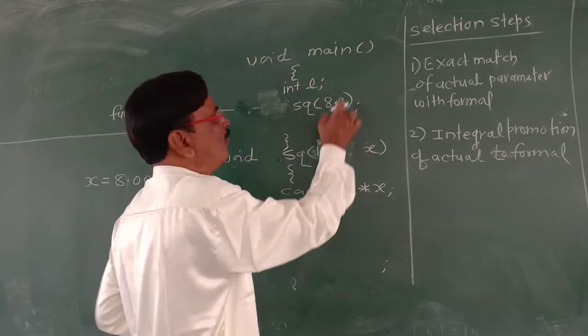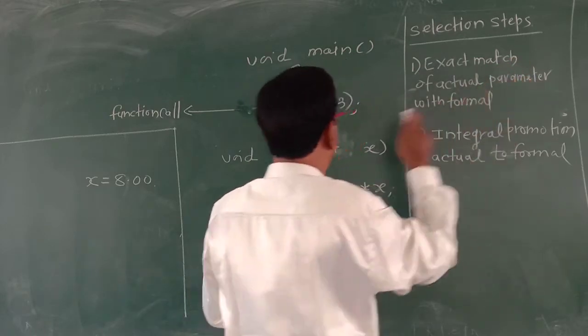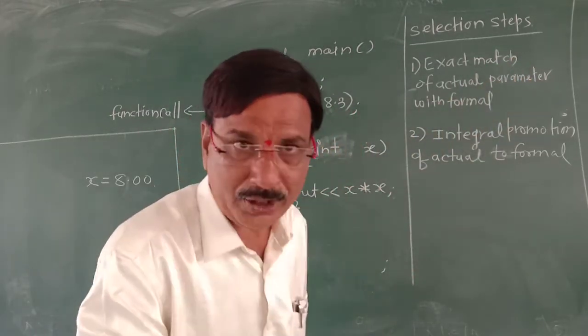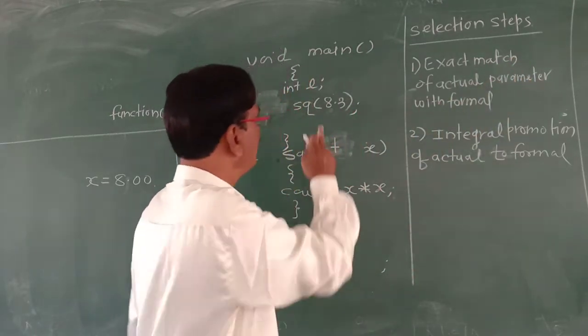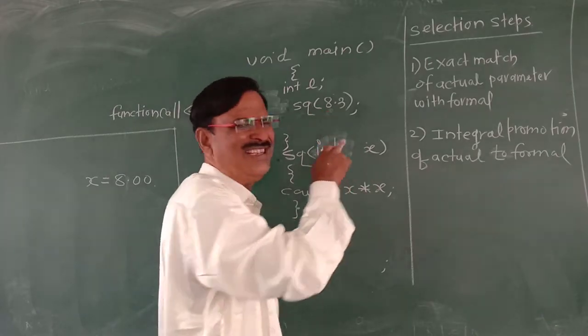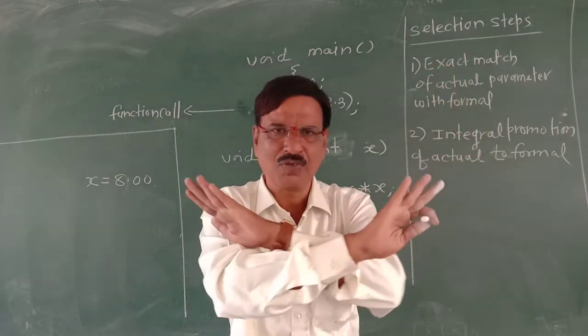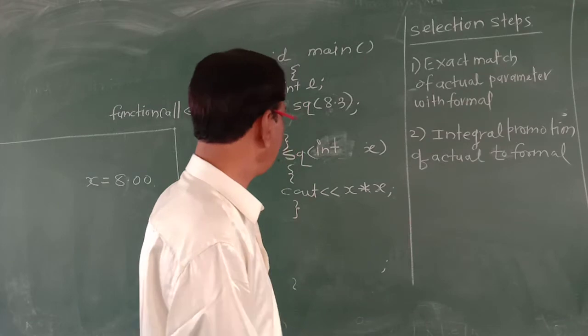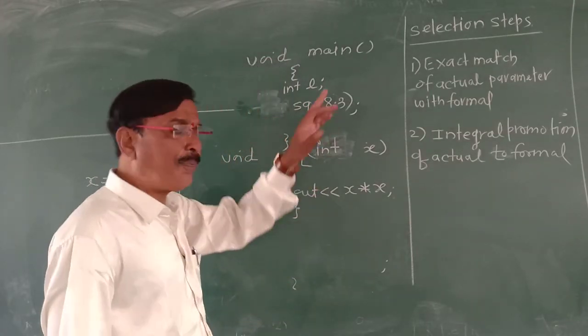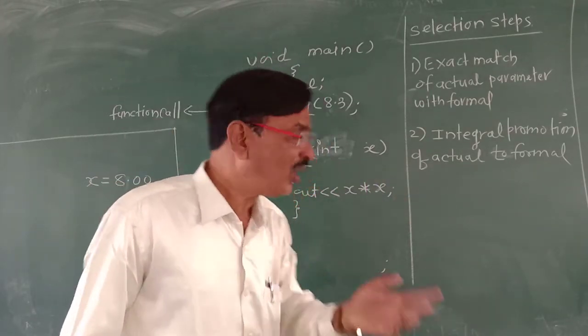The compiler tries to match, first step, exact match of actual with formal. Actual is float, 8.3 means float. Actual is float, formal is int. Exact match fails. 8.3 is a float.